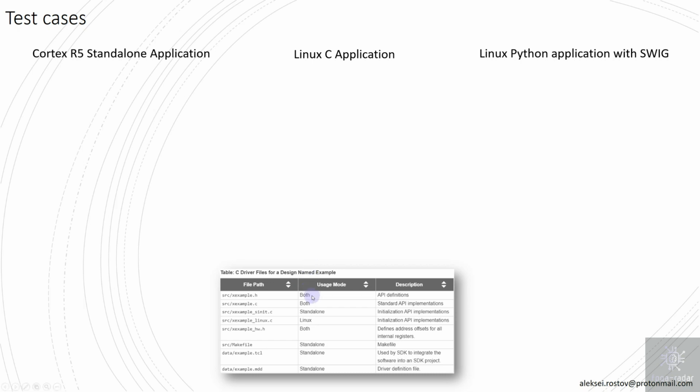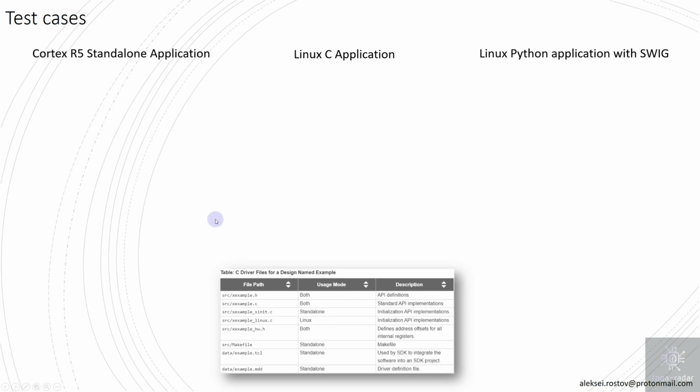I would like to point out that some drivers are shared between Linux and standalone or bare metal applications. Some drivers can be used only for standalone applications, and some only for Linux applications. So that's all the information about drivers from high-level synthesis. Quite simple. You can take a driver and use it either on Linux or as standalone.